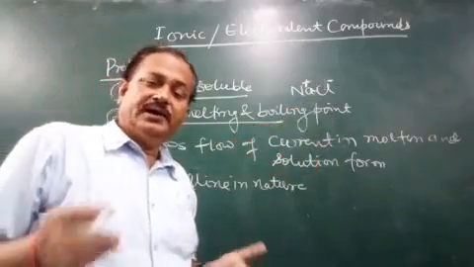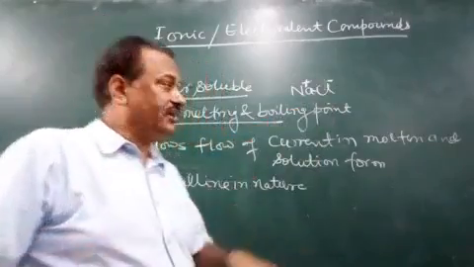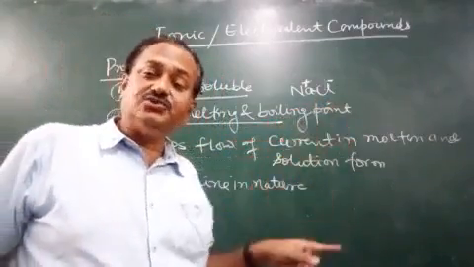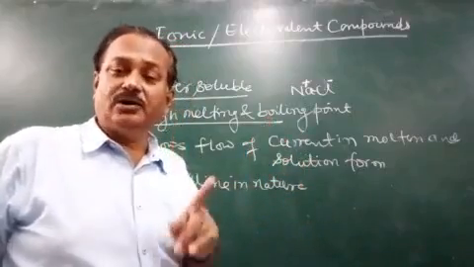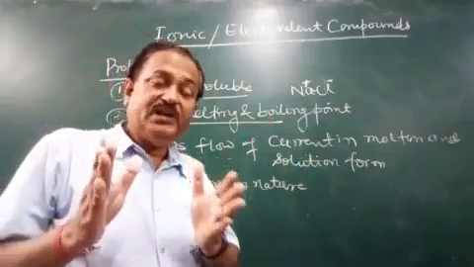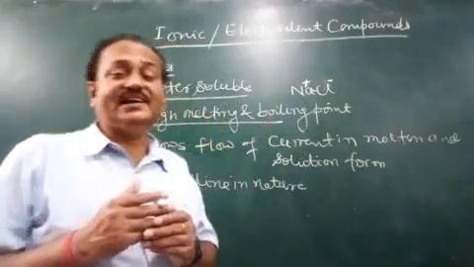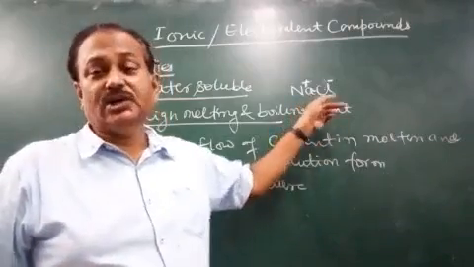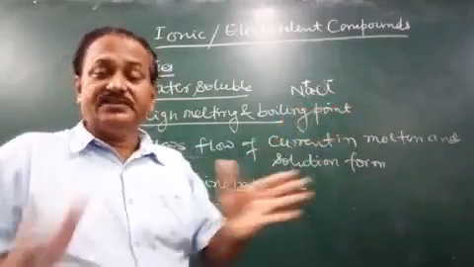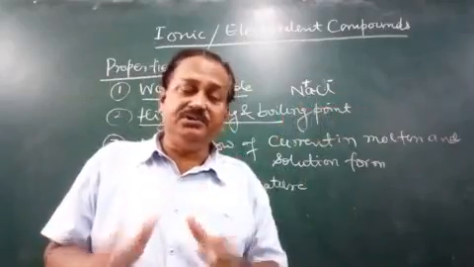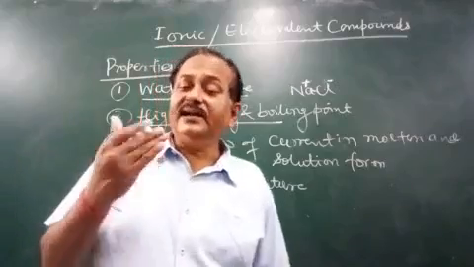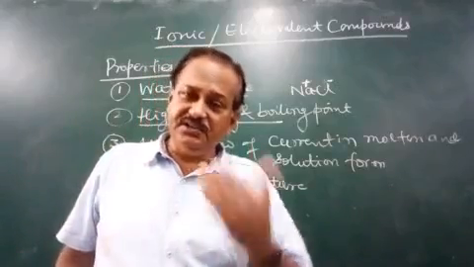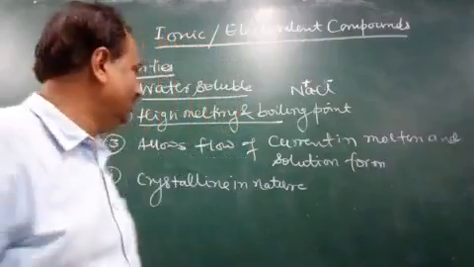In order to overcome the attractive forces, a large amount of heat is required either to melt or to boil. Simply we can say, due to strong electrostatic forces, meaning opposite charges, between the cations and anions, a large amount of energy or heat is required to melt or boil.